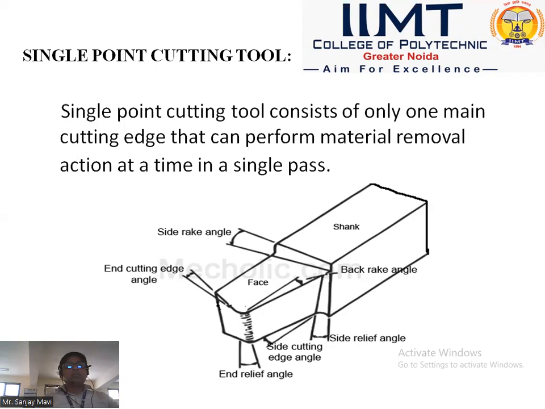If we talk about a single point cutting tool, it consists of only one main cutting edge that can perform material removal action at a time in a single pass. This is the diagram of a single point cutting tool. It shows its various parts and different angles associated with it.